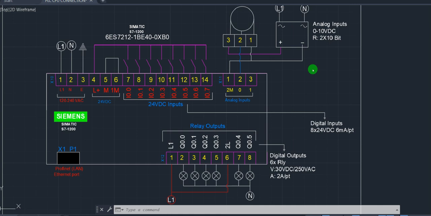If you understand that, syncing and sourcing won't be any problem for you, because the language of syncing and sourcing has been creating a lot of trend even on the internet. Most people don't know how to sync a connection or how to source a connection. It simply means live and neutral. Which of these terminals, live or neutral, or positive and negative, are you using for your input bit?